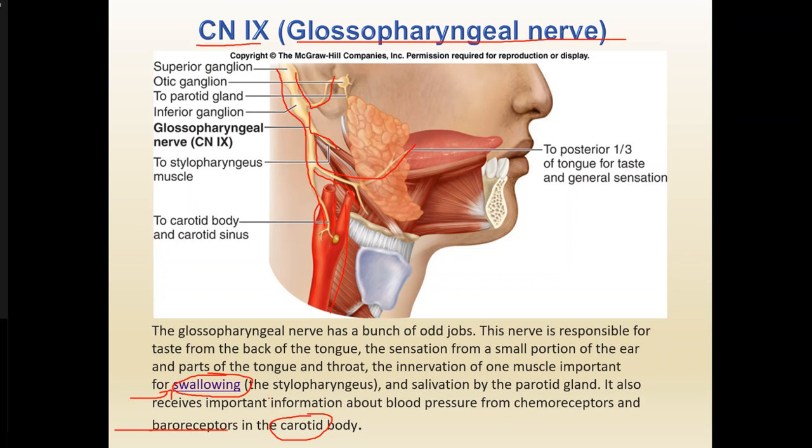Baro stands for pressure. So it sends a branch to the carotid body, which is on this very huge blood vessel that we have here, and to sense the pressure, okay. So these are two important functions that I want you to remember of this nerve.